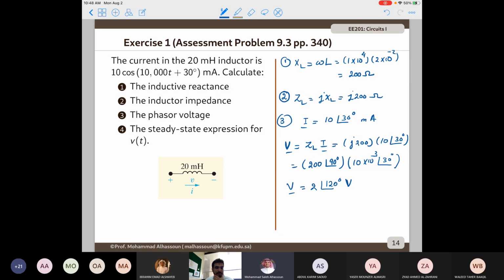So what is the expression for the steady state voltage? Yes, it will be 2 cosine 10,000 t plus 120 degree. Exactly.